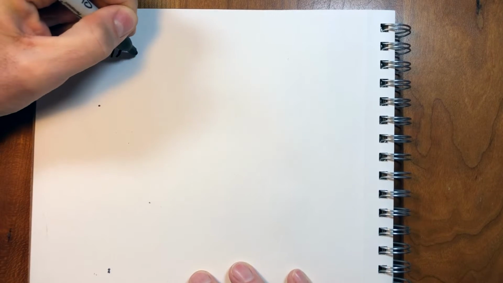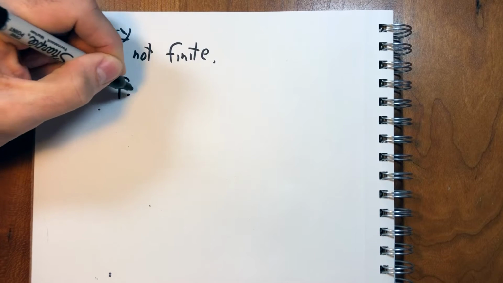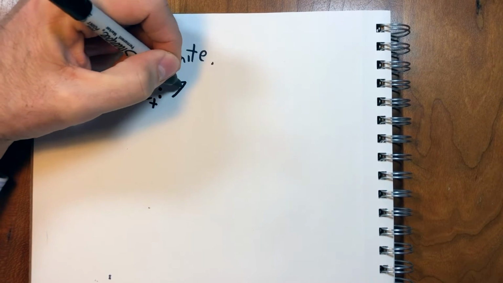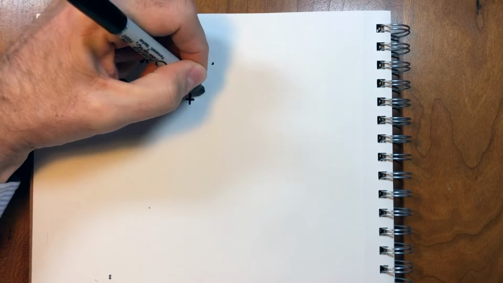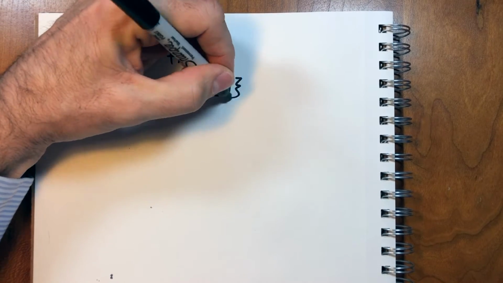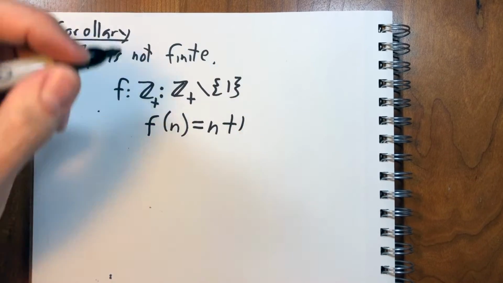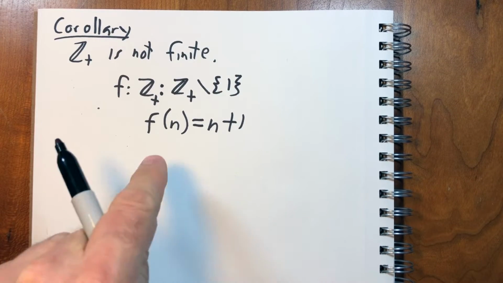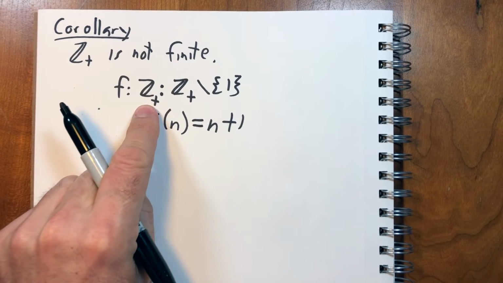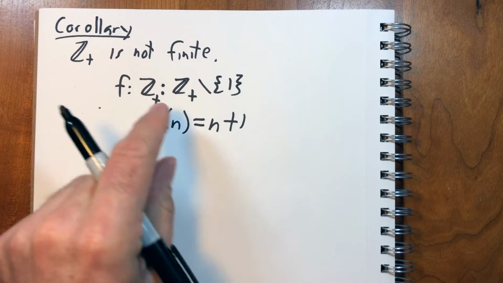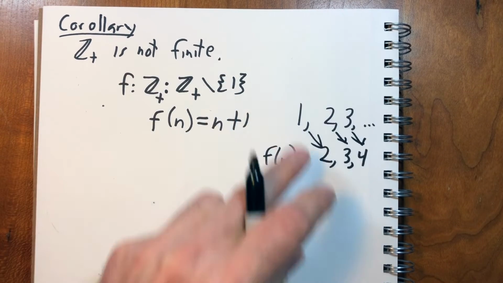Okay, next corollary: the set of positive integers is not finite. So how do we prove this? If we have a function from the positive integers to the positive integers except for 1, so starting at 2, and we define it as f of n equals n plus 1, then that function is a bijection from the positive integers to the positive integers starting at 2, because every integer, we just move it over 1.